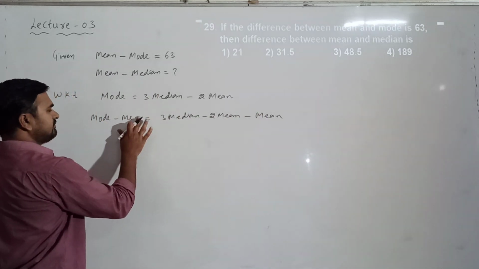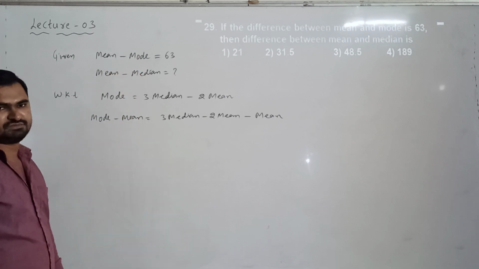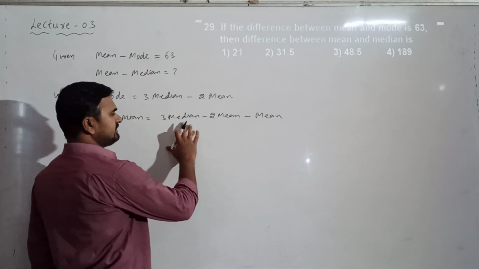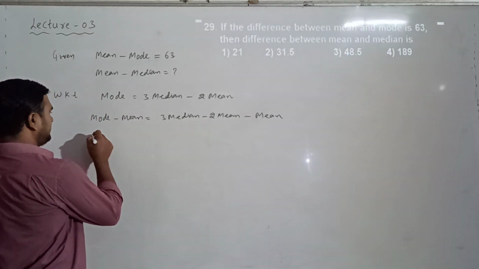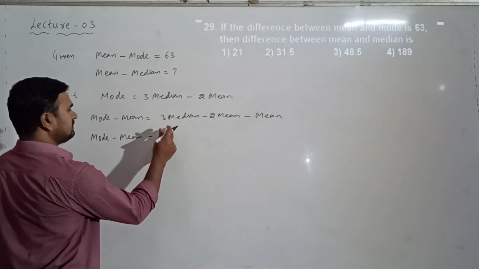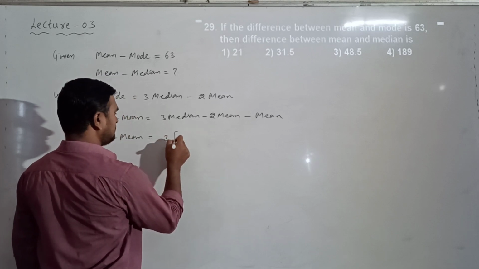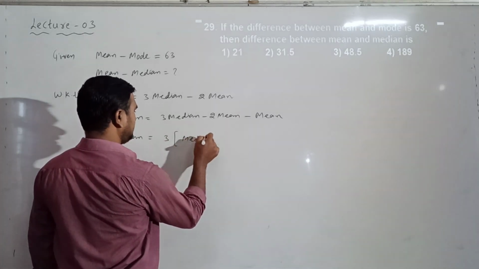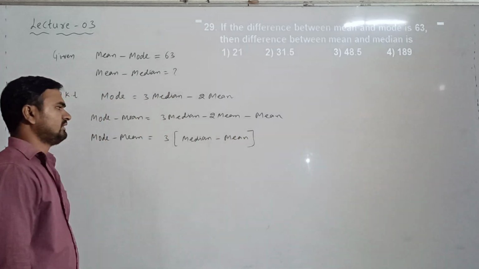We are subtracting the mean on both sides because the difference between mode and mean we know, and we have to form a relation between median and mean. So mode minus mean equals 3 median minus 3 mean. We can take 3 common: 3 times (median minus mean).